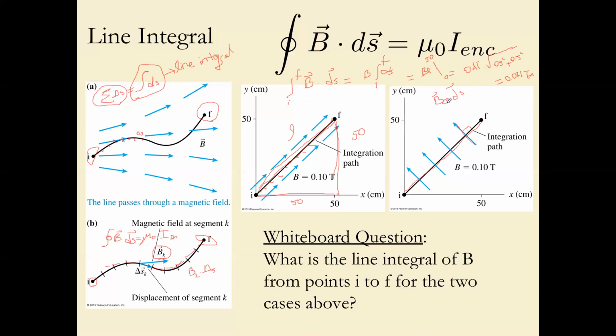For a dot product, we take the cosine of the angle between the magnetic field and ds. So that's why cosine 90 is 0, which means that the line integral of the magnetic field for the second case is equal to 0.